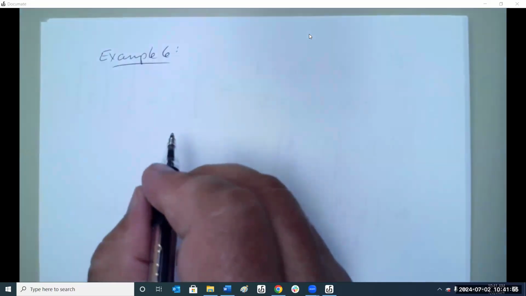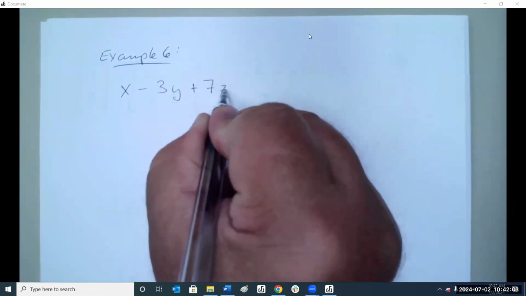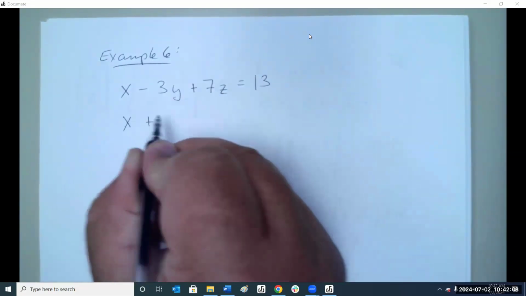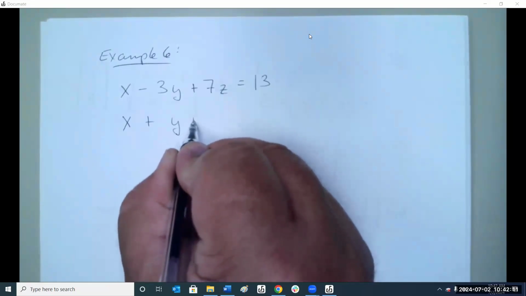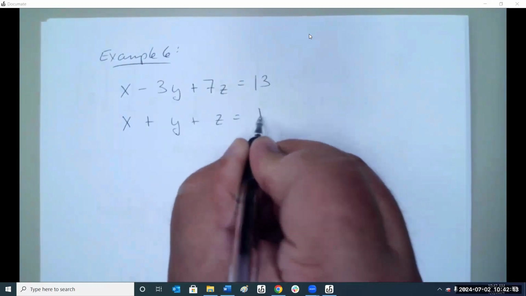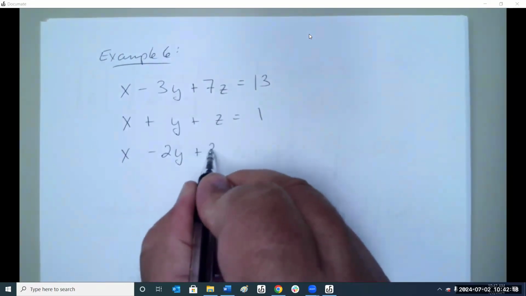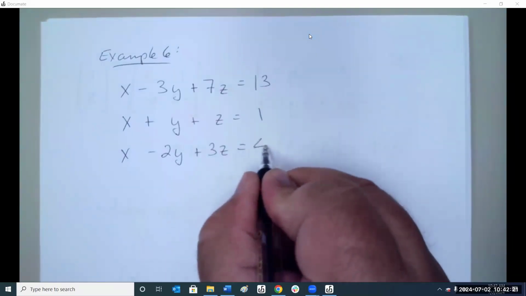But the beauty of Cramer's rule is it doesn't matter how big the matrices are. x minus 3y plus 7z equals 13. x plus y plus z equals 1. x minus 2y plus 3z equals 4.